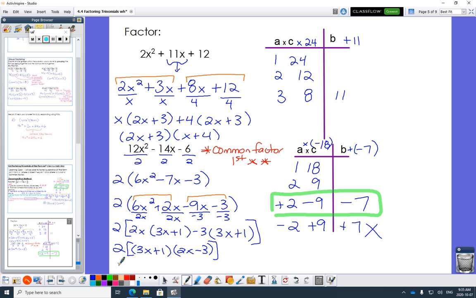So if you had to check, then I would FOIL this out first and then multiply by 2, just like you did with the simpler one, okay?